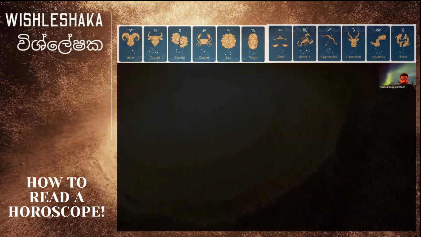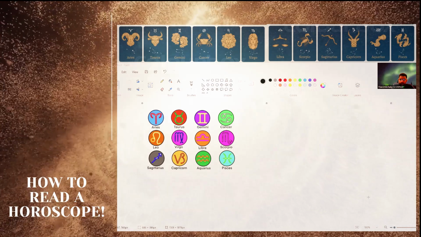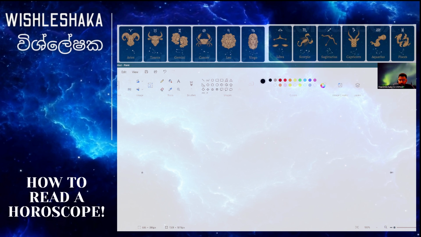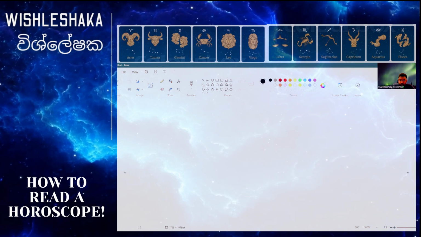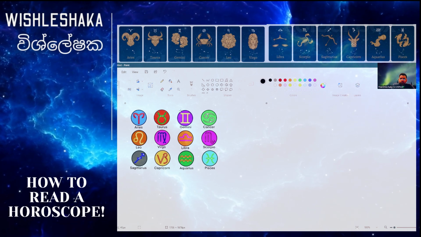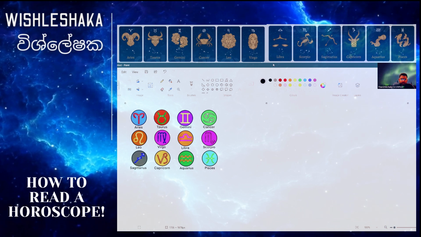So I just opened a Paint document, where I could just draw something here. This is the 12 constellations, the 12 signs in your horoscope.